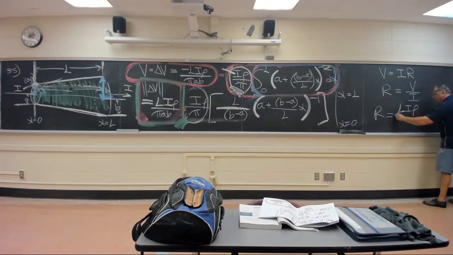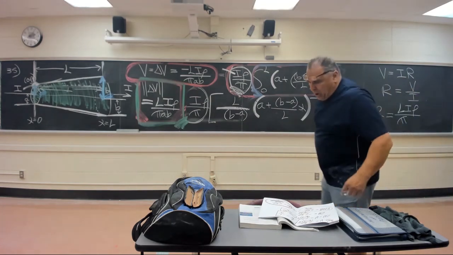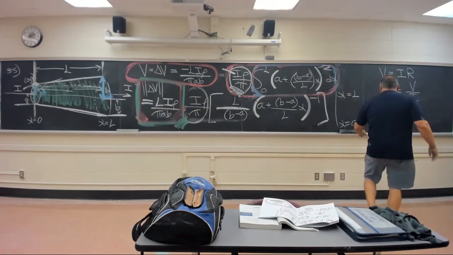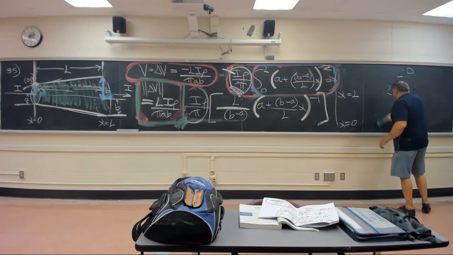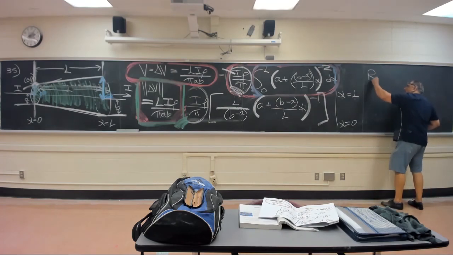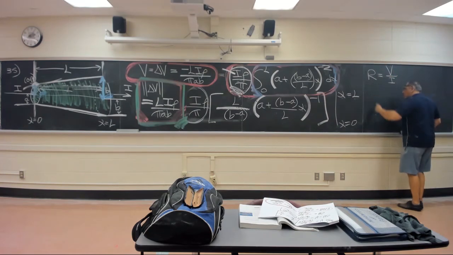Forgive me, Li rho over pi AB, then over I. I'm sorry, forgive me here, guys. Let me try to put the R right here, and then go V over I, and then let's run it from there.